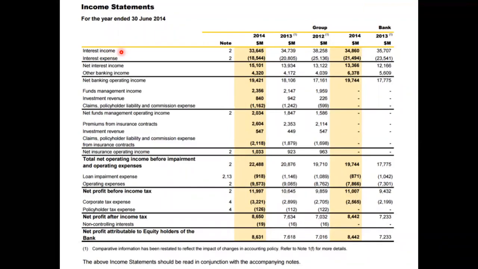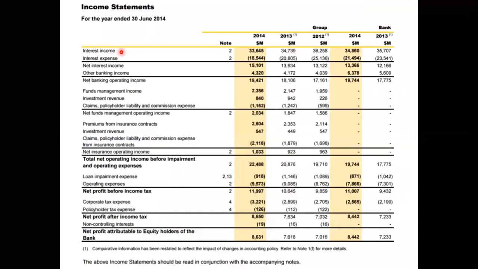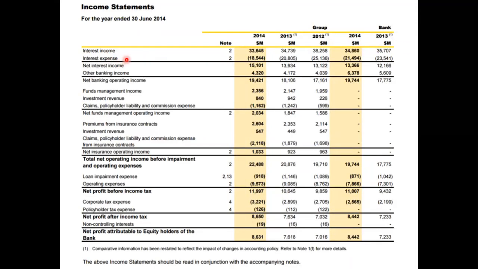When you look at a manufacturing or non-finance company, you may find revenue, and second line, cost of sales. Since it's a bank, the major income is interest income, and the major expense is interest expense. The difference between interest income and interest expense is the net interest income.